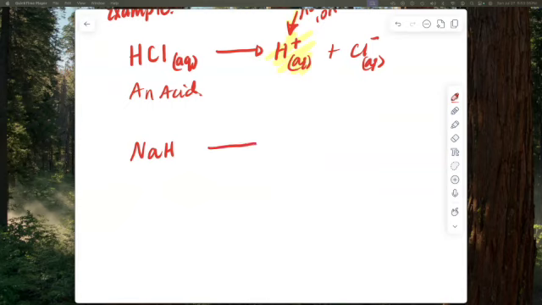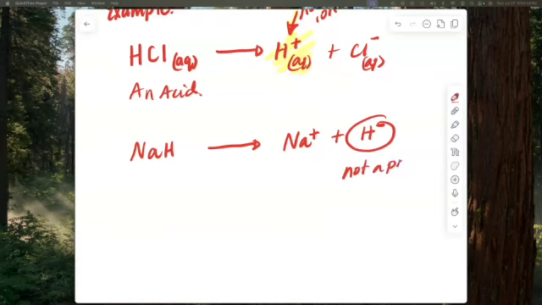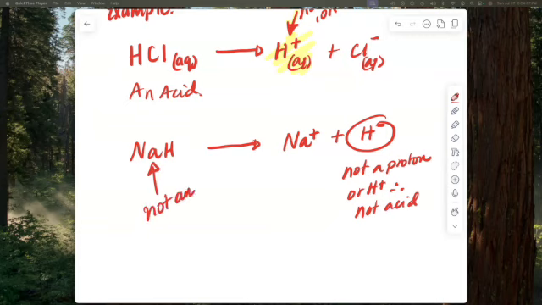Well, if you ionize this, you get sodium positive and then hydride negative. So this one right here is not a proton, which is what H plus is also called, therefore not an acid.